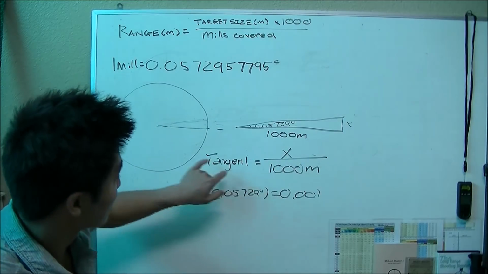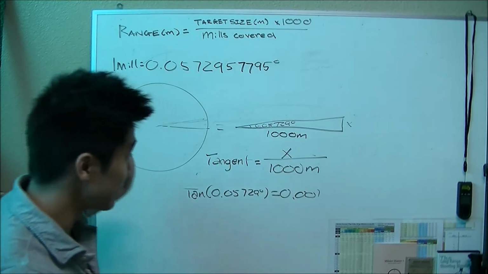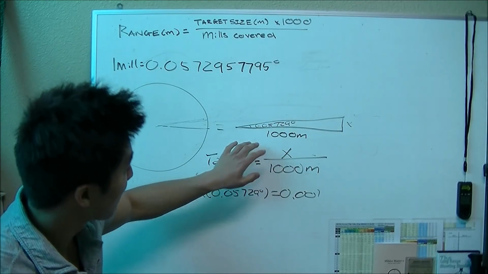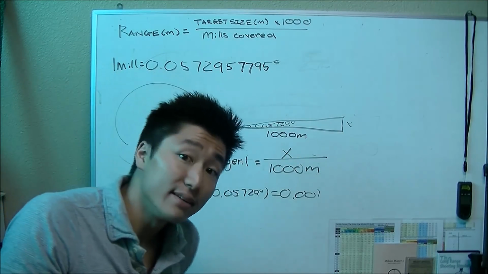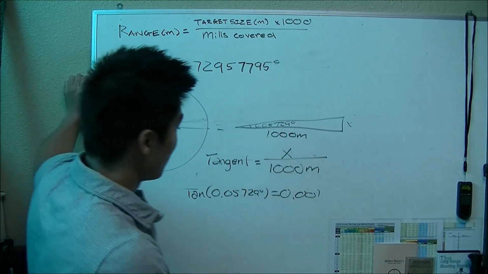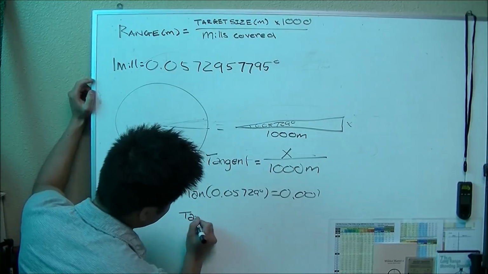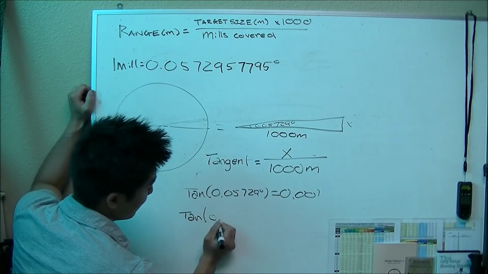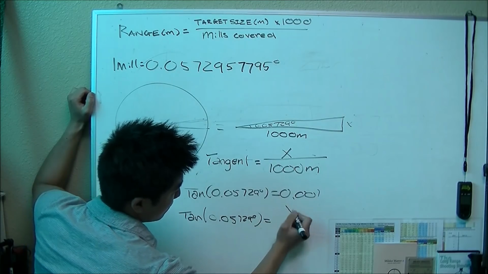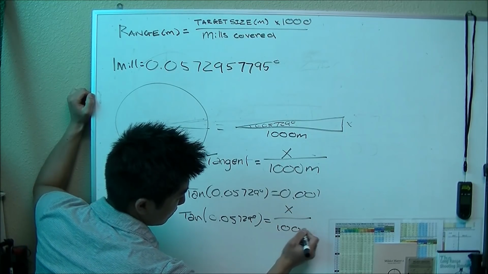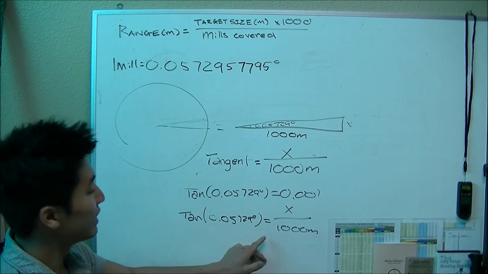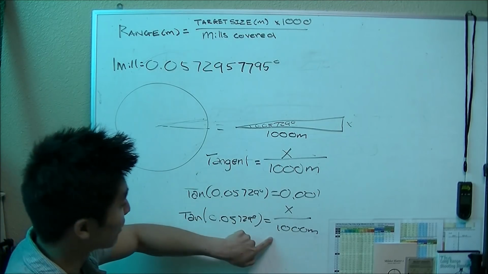Well, remember that tangent is going to be our opposite over adjacent. That means that this one is going to be 1/1000th of that meter. And you could also double check this on the calculator: tangent 0.05729 equals opposite over adjacent.